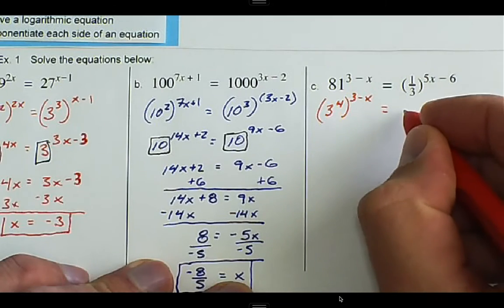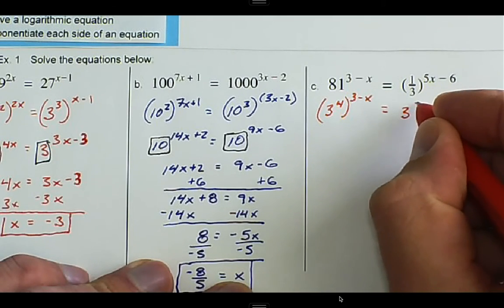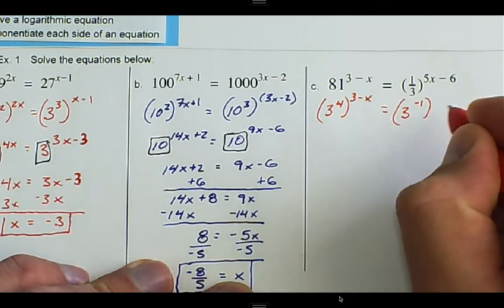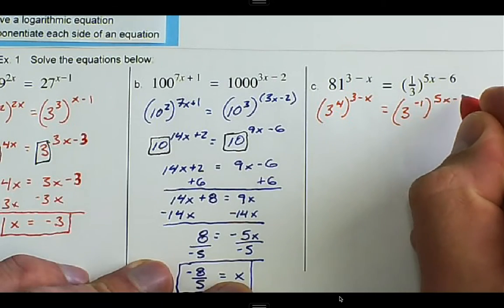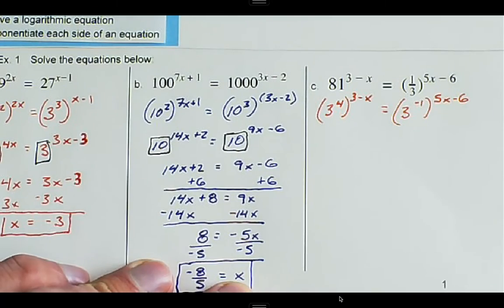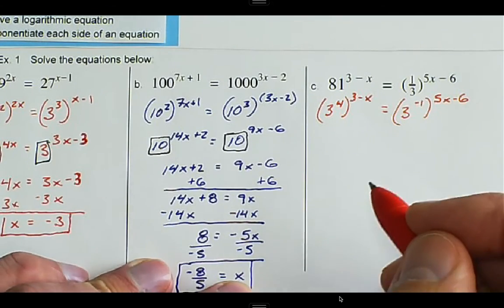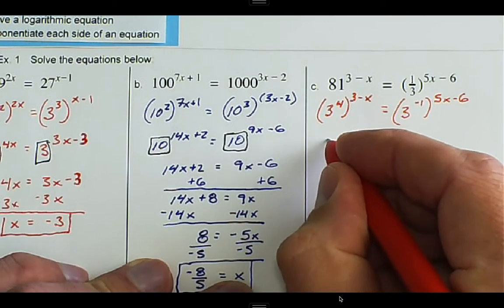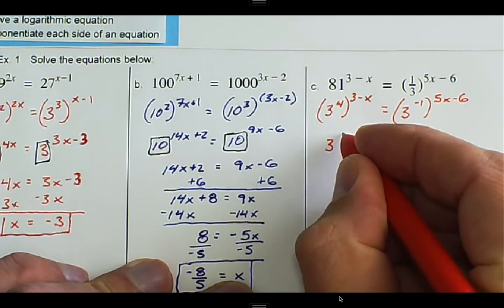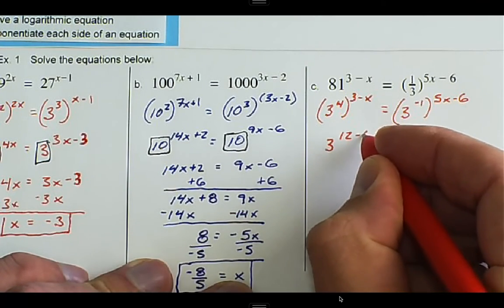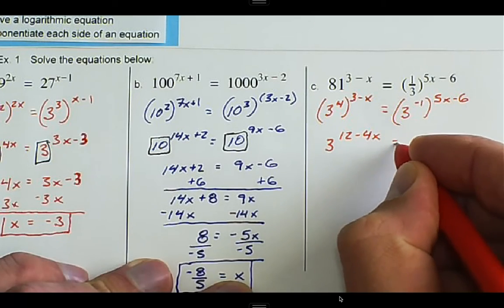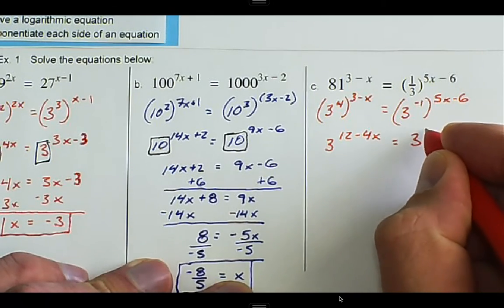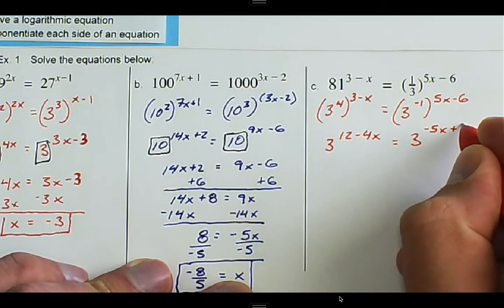And 1/3 can be written as 3 to the negative first power, raised to 5x minus 6. And then we can distribute again. So we get 3 raised to the 12 minus 4x is equal to 3 to the negative 5x plus 6.